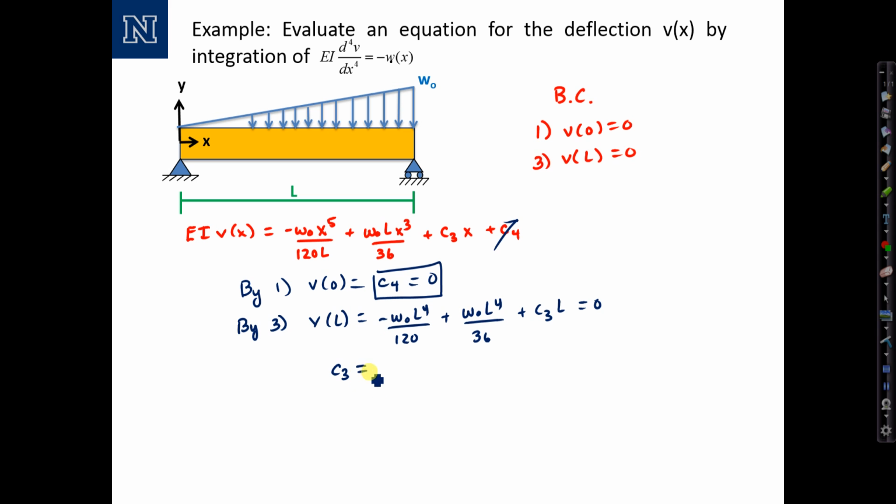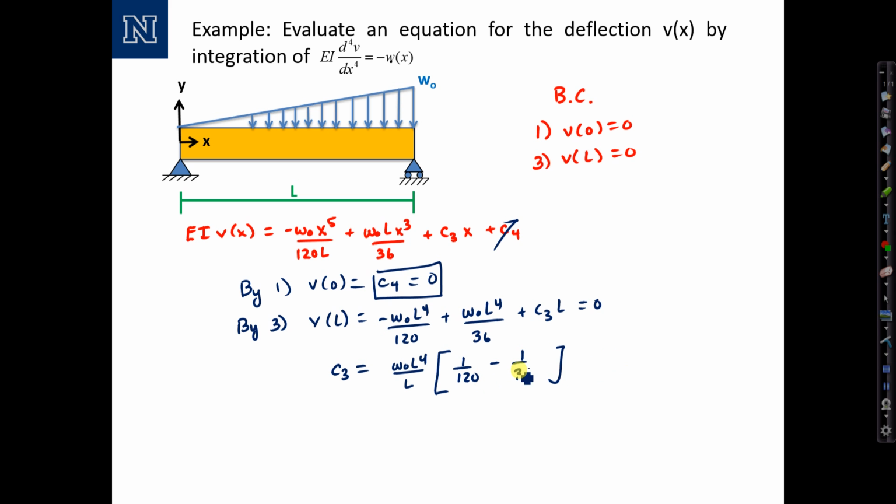We'll solve for C3 equals, flip the sign here, and factor out the w naught L to the 4th, w naught L to the 4th, then we see we have over L, times, flipping the signs, 1 over 120 minus 1 over 36.